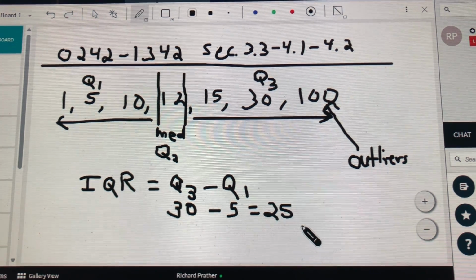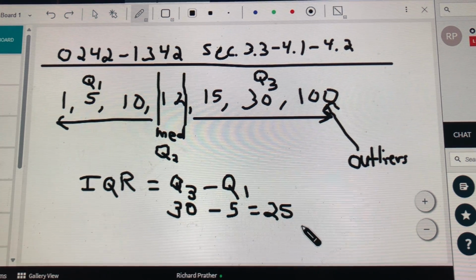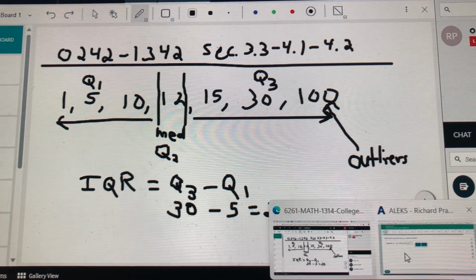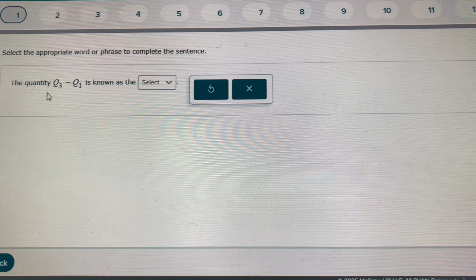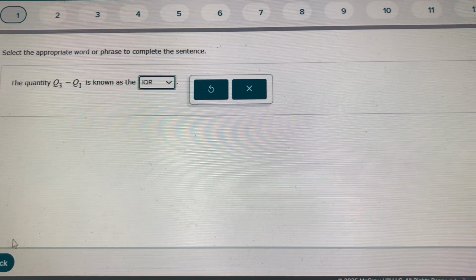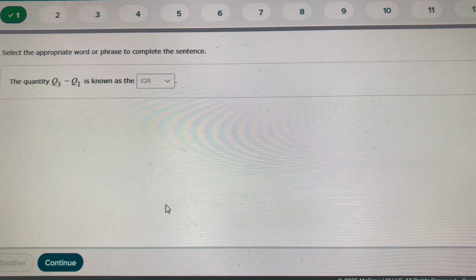So it's a better showing of how the middle of the data is spread out instead of the overall data, because the middle never has any outliers. If there's any outliers, they're always at the beginning or the end. So the quantity Q3 minus Q1 is known as the IQR, or the interquartile range, IQR for short. That's the first thing we do on almost every problem of section 3.3, is find the IQR.